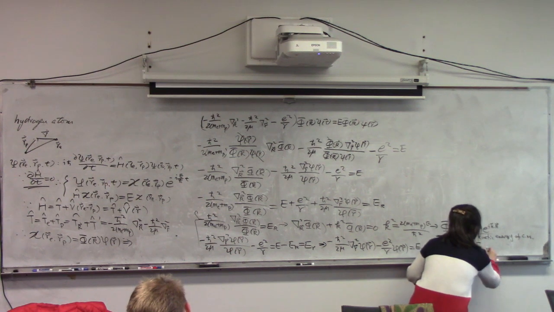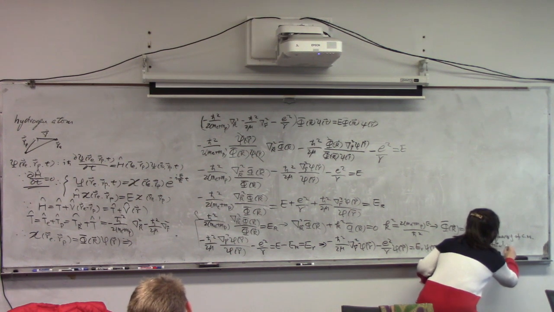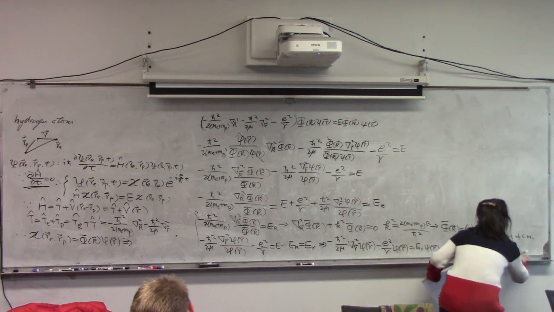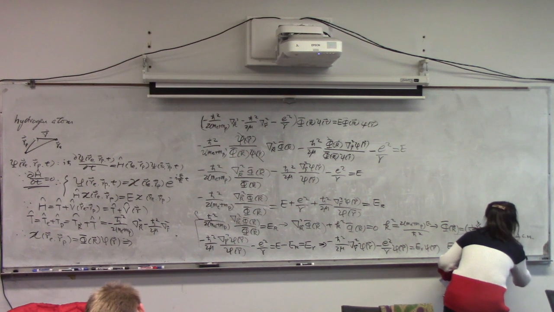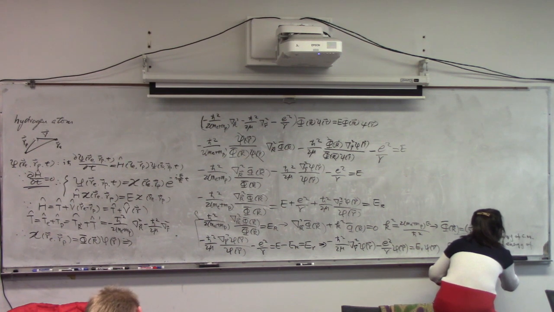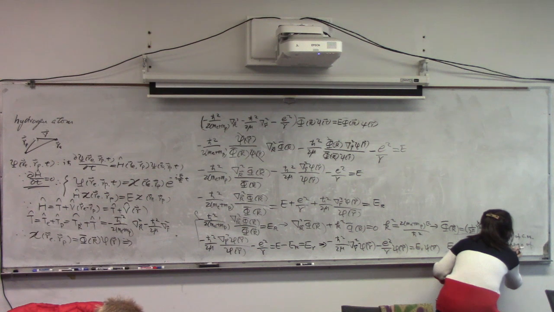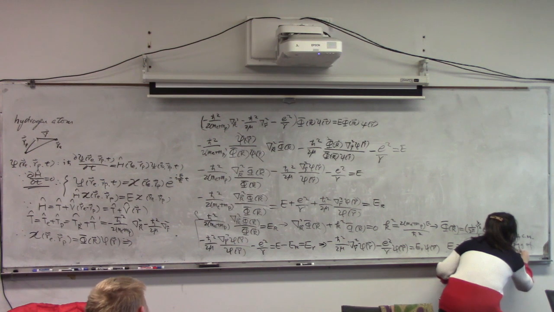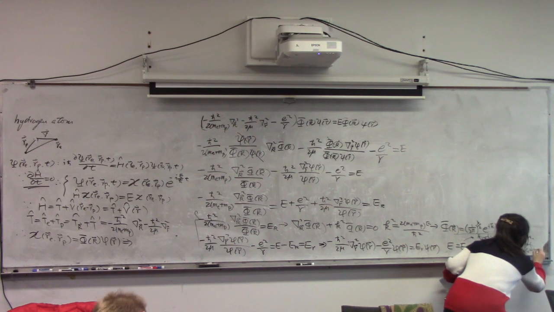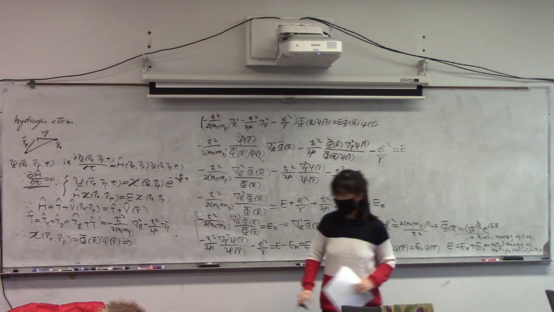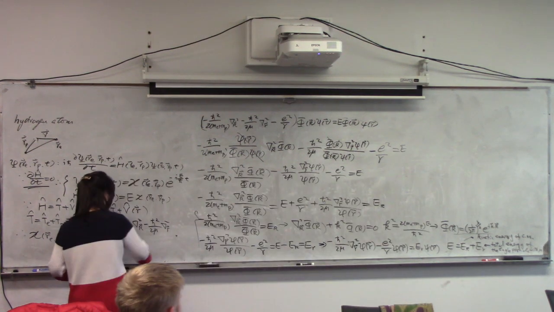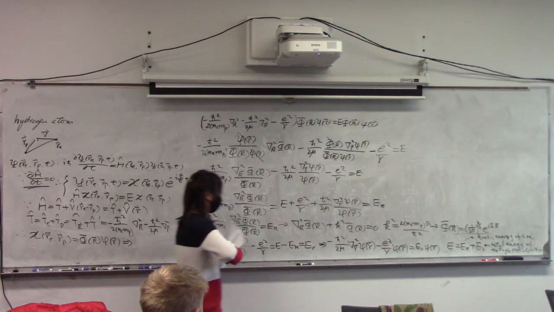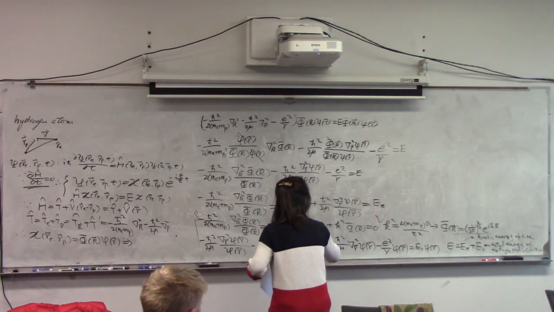Then this one is the total relative energy, or just the total energy of the single particle, which we treat as a single particle with the reduced mass mu. So the first one, we already got this solution, so that is finished. Now we are going to deal with this one.